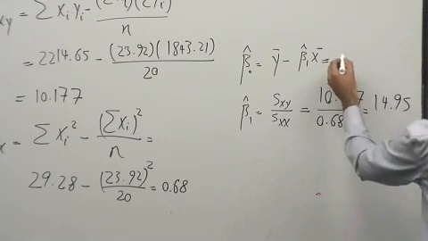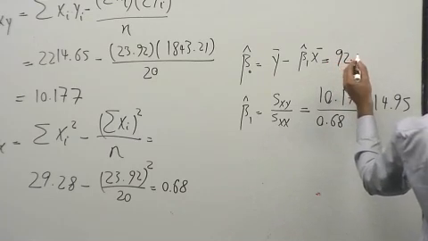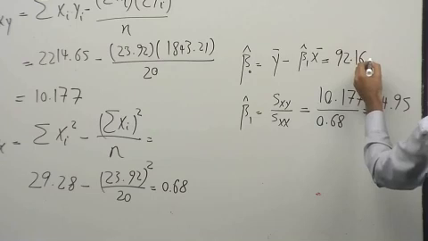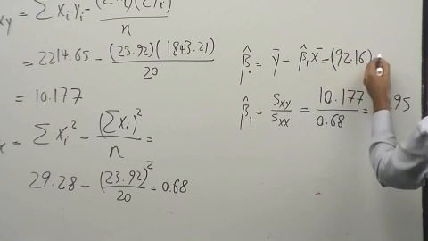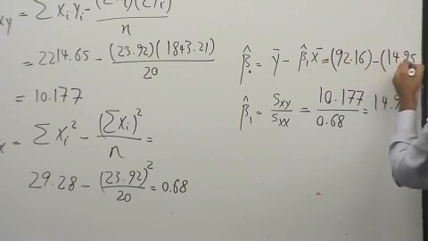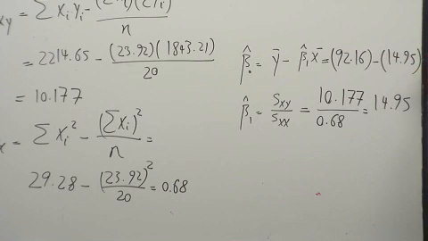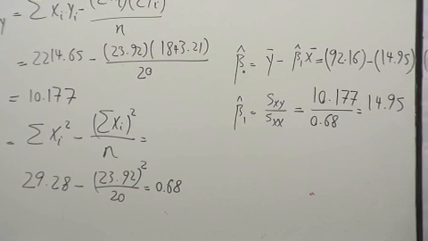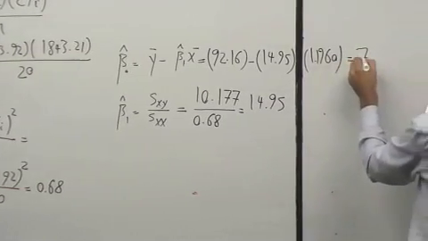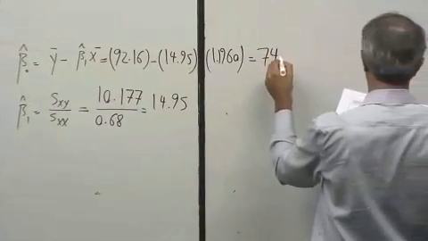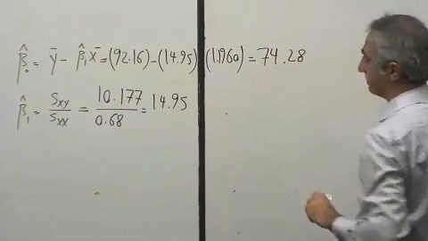Y bar is 92.16, minus 14.95 times x bar, and x bar is 1.1960. This gives me 74.28.